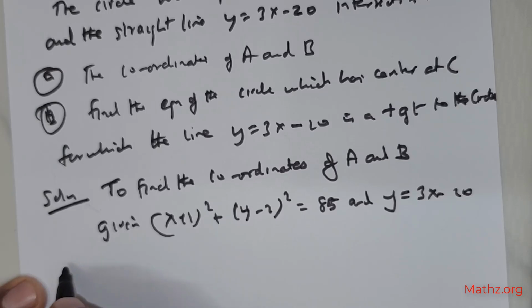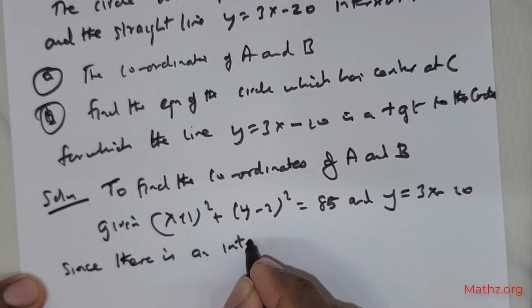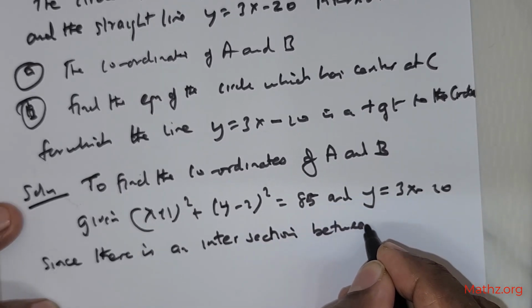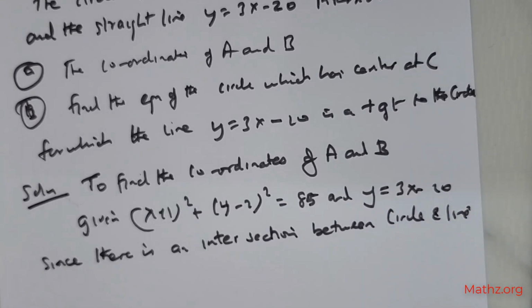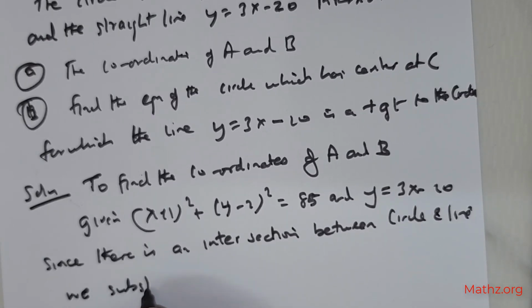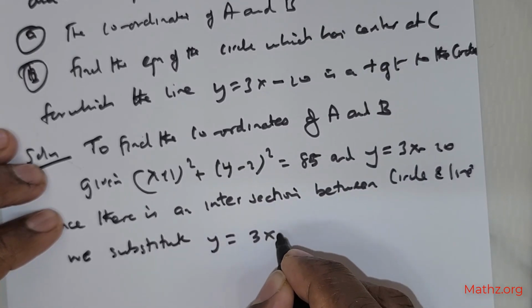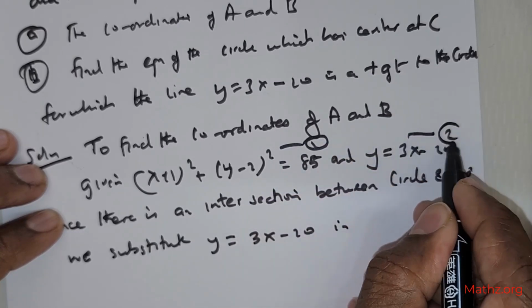Since there is an intersection between circle and line, so what are we going to do? We are going to substitute y is equal to 3x negative 20 in 1. I'm going to take this as 1, I will take this as 2.